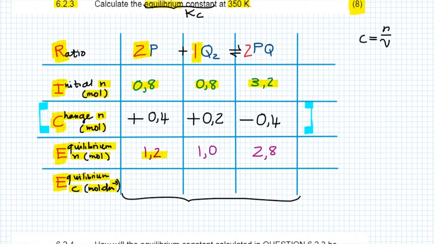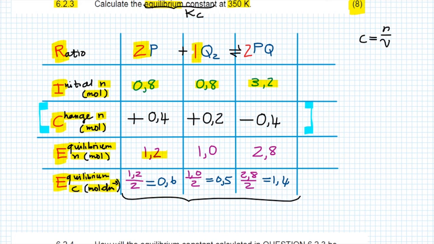So what we're now going to do is take the equilibrium number of moles and divide each of them by 2. So 1,2 divided by 2, 1 divided by 2, and 2,8 divided by 2. In the end, the answers we obtain are 0,6, 0,5, and 1,4. These are the concentrations at equilibrium.